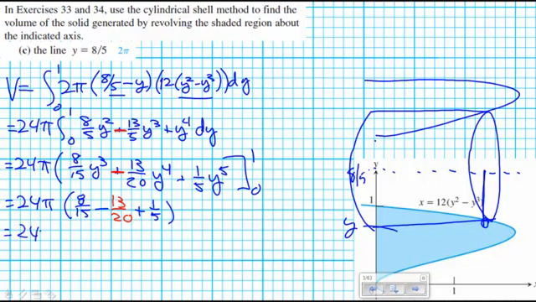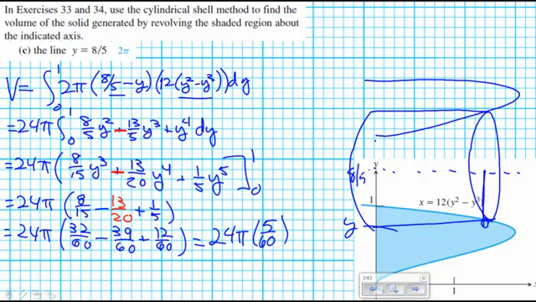So it's 24 pi times 32 60ths. Then 13/20 is going to give us minus 39 60ths, and then plus 12 60ths. So 32 and 12 is 44. 44 minus 39 is 5. So we're going to end up with 24 pi times 5 60ths.